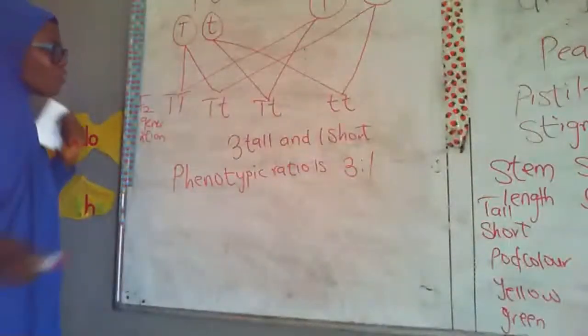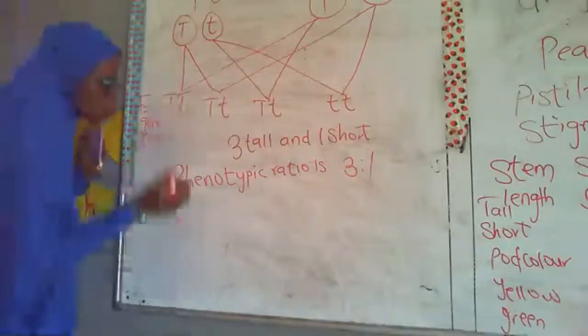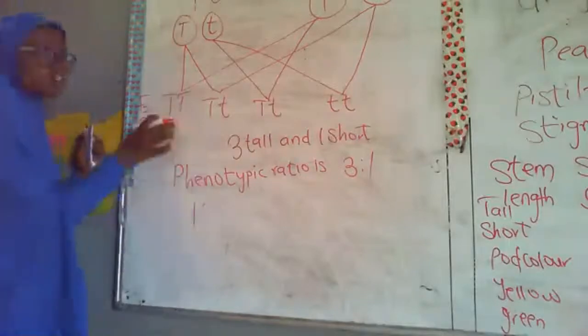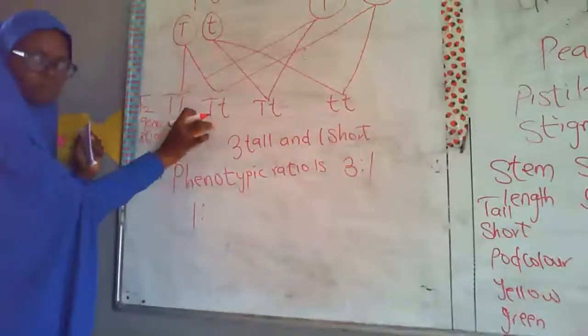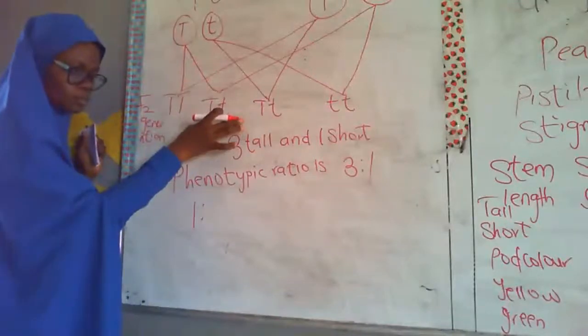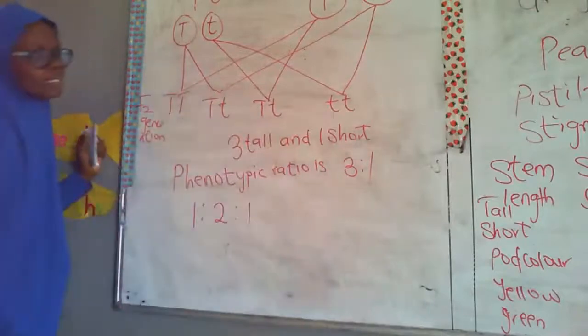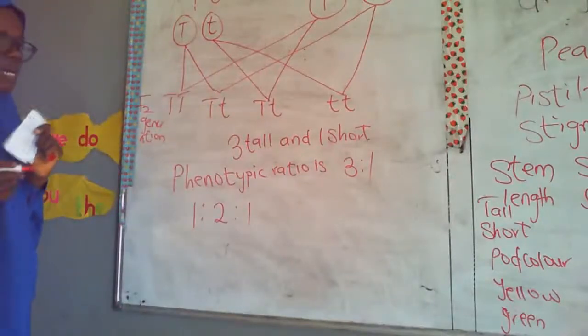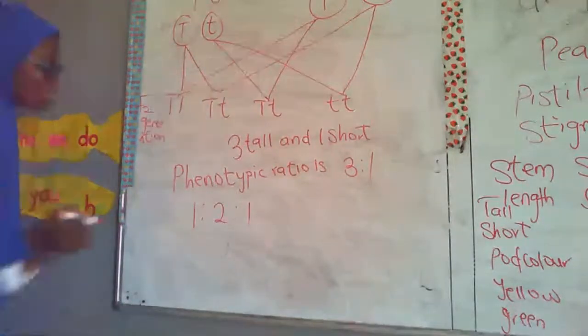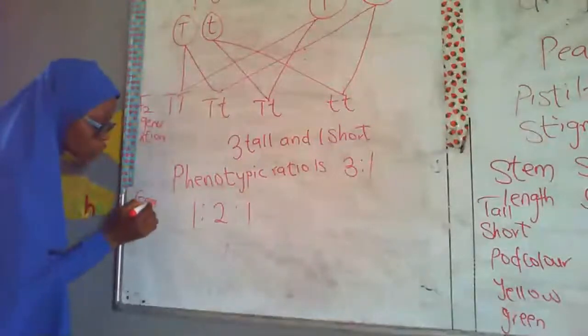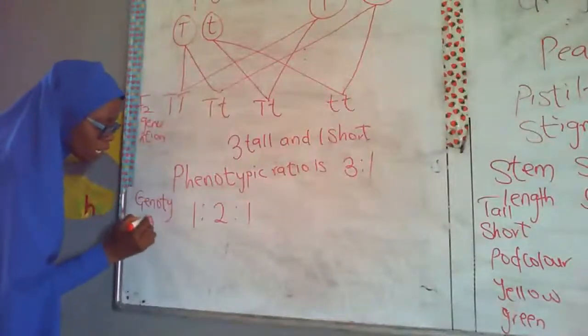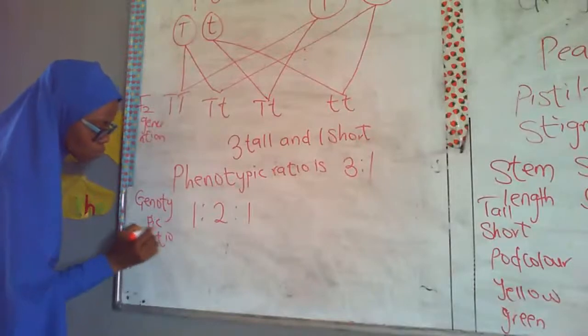Meaning we have 1 representing the homozygous pair for tall, then 2 heterozygous. So 1:2:1. Do you understand? So this is the genotypic ratio.